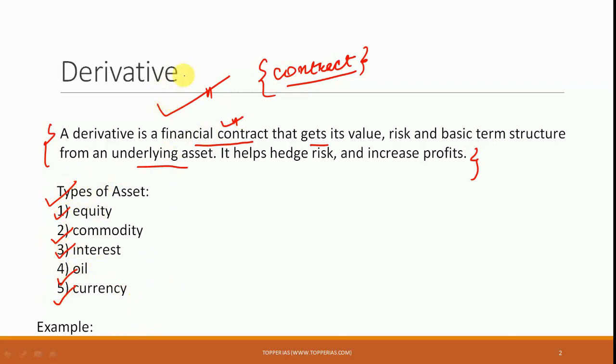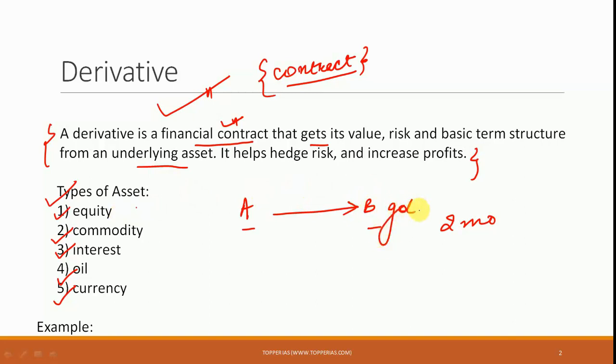You can understand this well with an example. Suppose A and B are two people who enter the derivative market. Instead of going and buying an equity or some commodity, they are going to sign a contract between each other that after a period of say 2 months, A is going to buy from B some equity, or some commodity like gold.